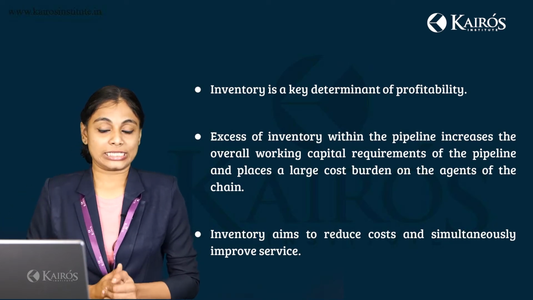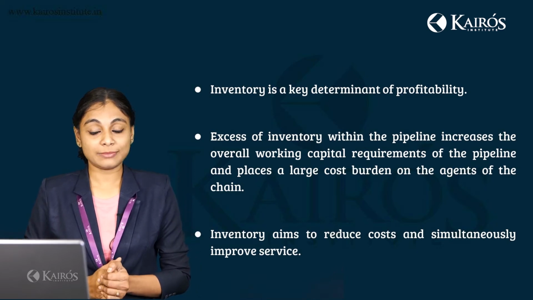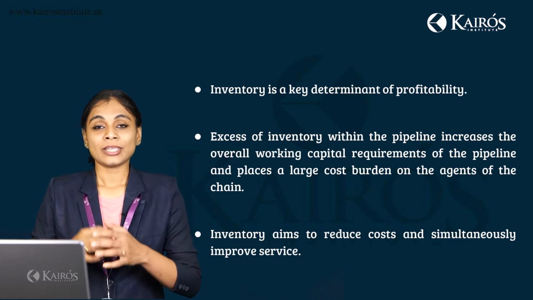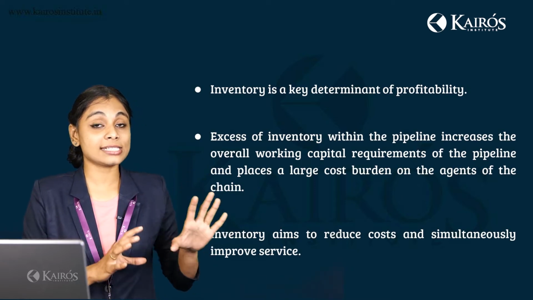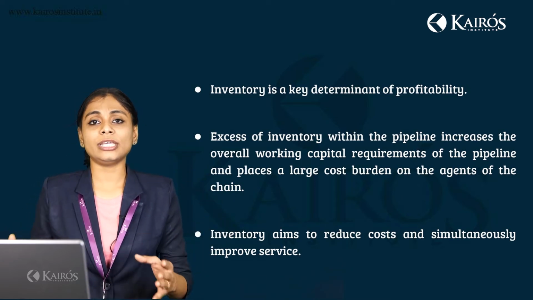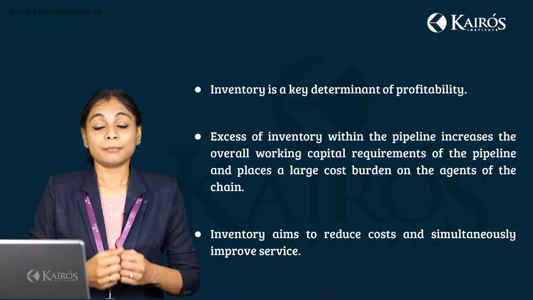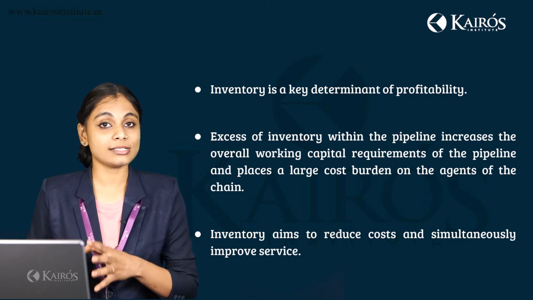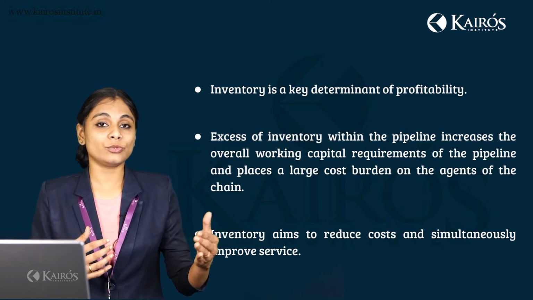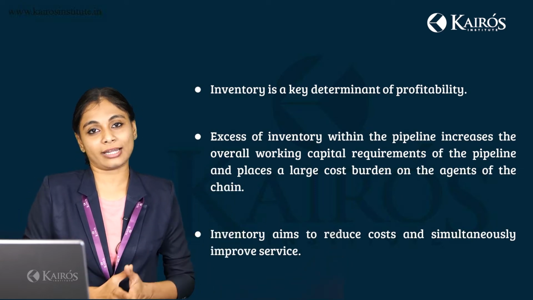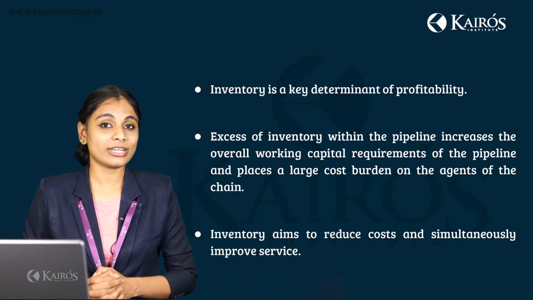The next point, excess of inventory within the pipeline increases the overall working capital requirement. Now what happens when you have excess inventory? Suppose you need only say 10,000 units of a particular raw material, but you have 12,000 units in stock. So the 2,000 units is an excess which is being stored in the factory. Now what happens when you have an excess?